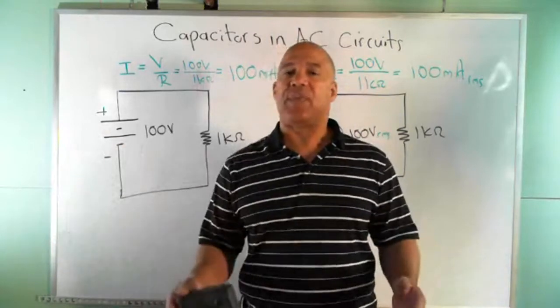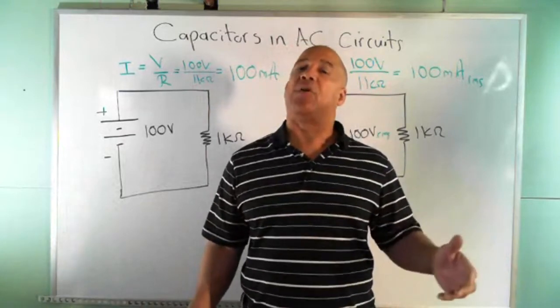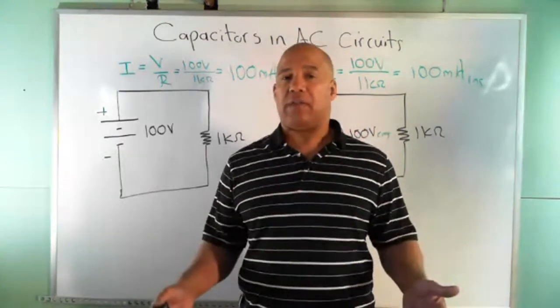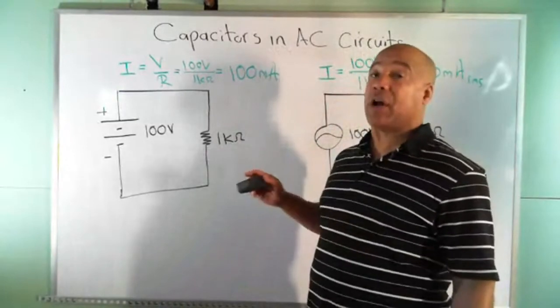Every time there's a collision, they give up a little bit of energy in the form of heat. And the sum total of all those collisions is what we call resistance. And I call it the billiard ball effect. Well, that billiard ball effect is an opposition to current flow.